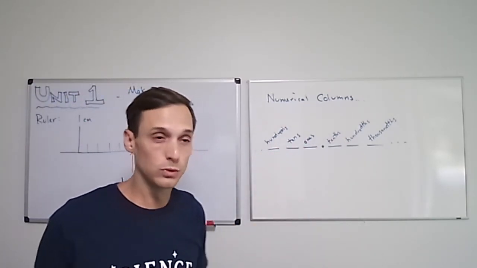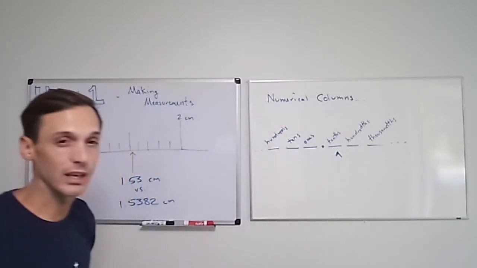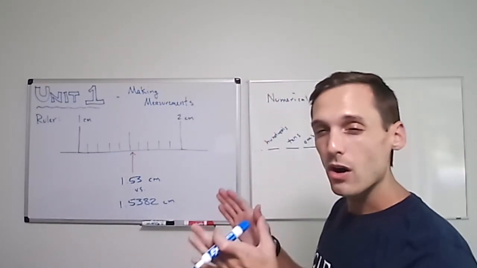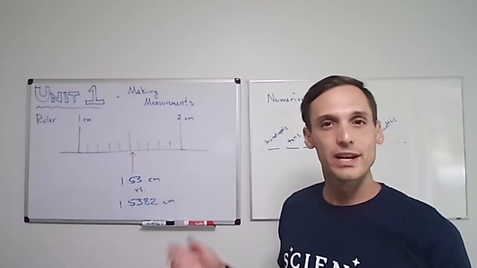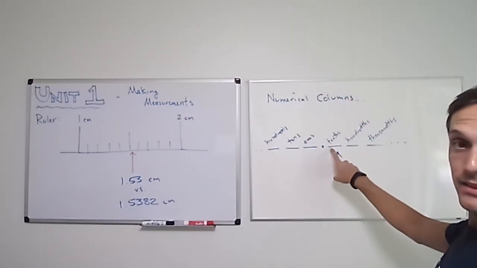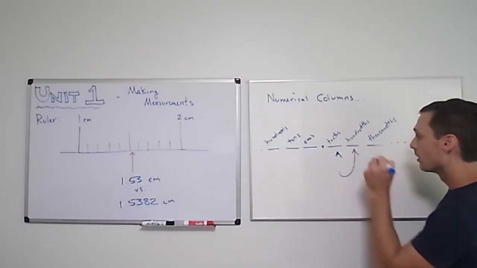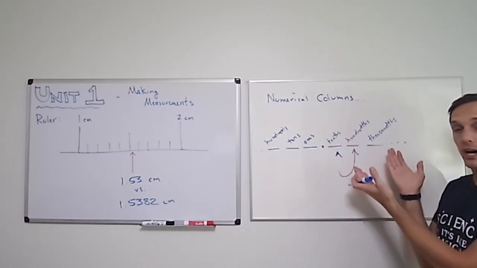So this ruler is labeled to the tenths. But how we make measurements is we always measure 1 digit past whatever it's labeled to. Our ruler is labeled to the tenths, so we are actually going to measure 1 numerical column past the tenths, to the hundredths.